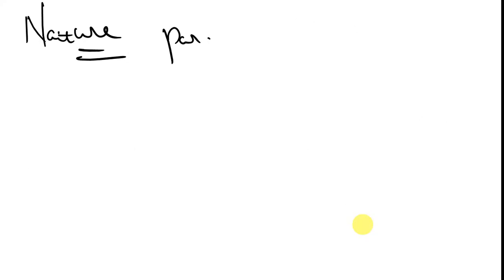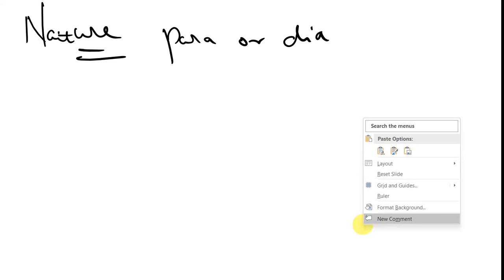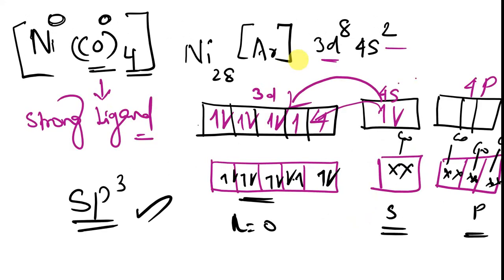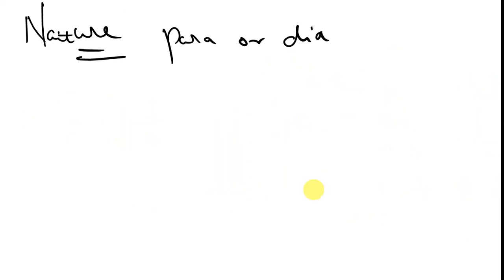And then we should go for nature, in the sense whether it is para or dia. Does it have any unpaired electrons? Check it out. No, all the electrons are paired. So it is diamagnetic.